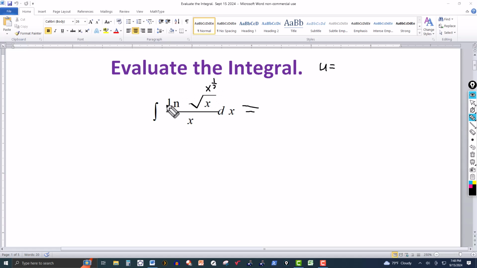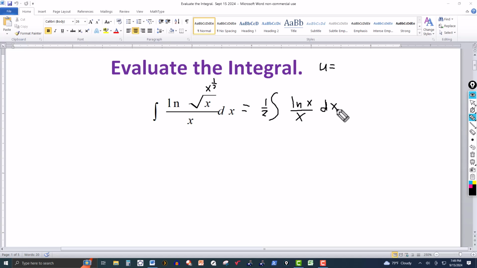So this will be the integral of the natural log of x to the 1/2. Instead of square root, this will be 1/2. This comes out as a coefficient, or I can bring it outside the integral. That's going to be the same thing. And then I've got this x here, and then this is dx.